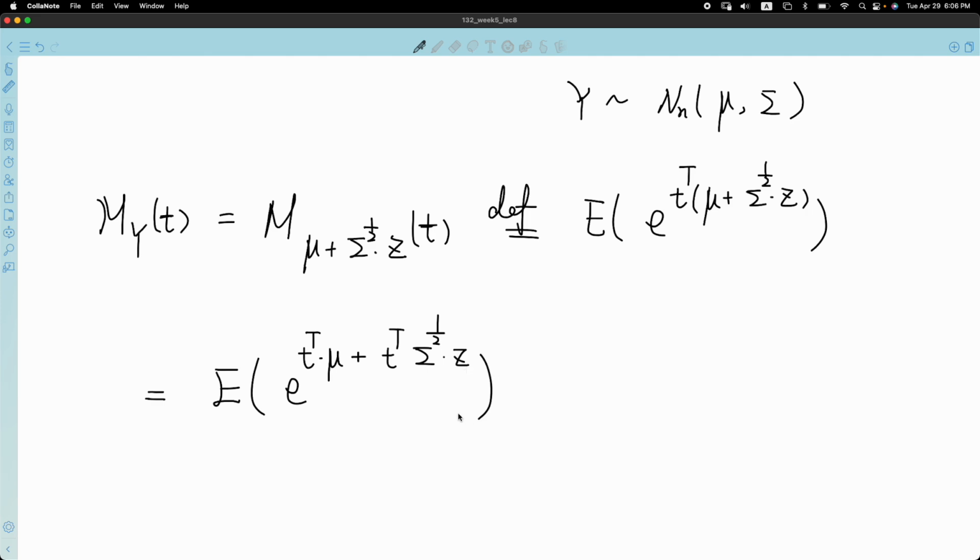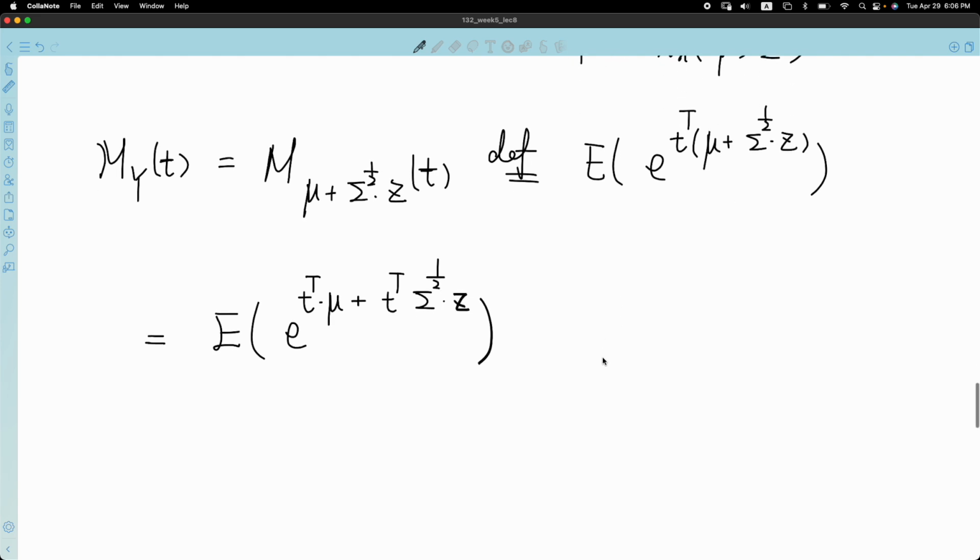You can see that when you distribute the terms, product and sum operate as in the scalar: a multiplied by b plus c is equal to ab plus ac. Okay, let me ask a quick question. What is the dimension of t transpose mu?